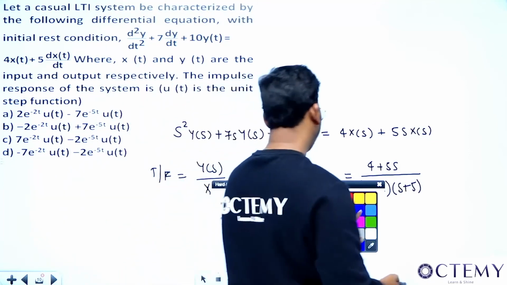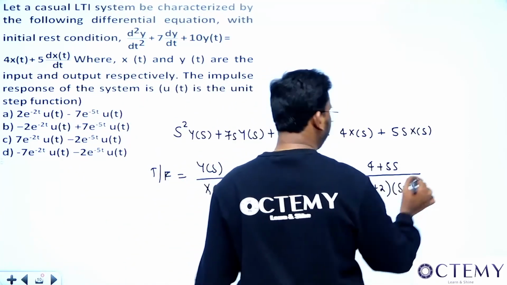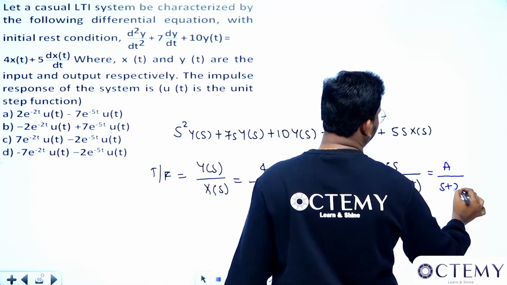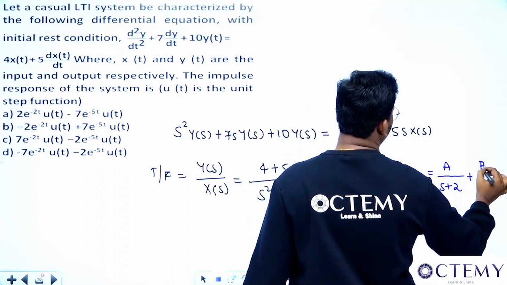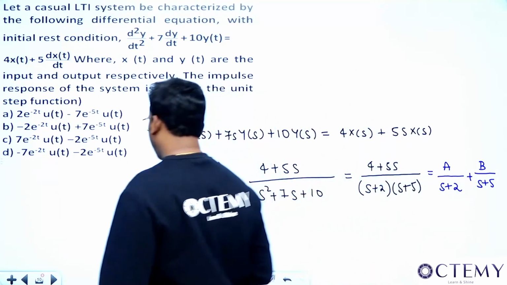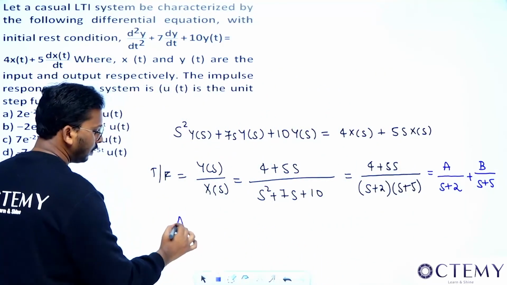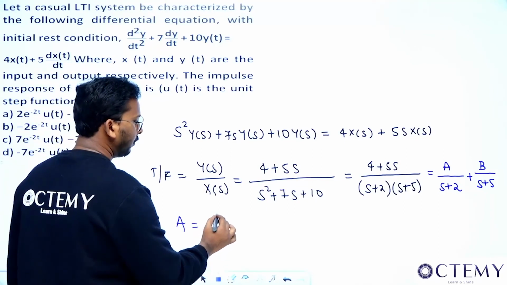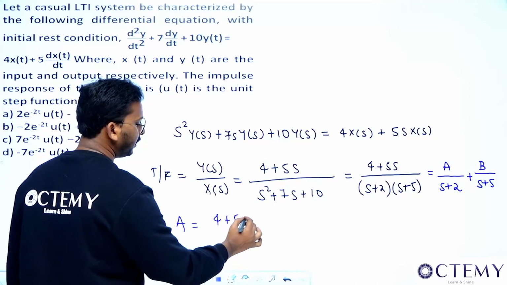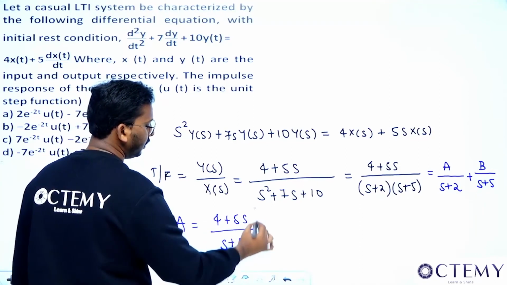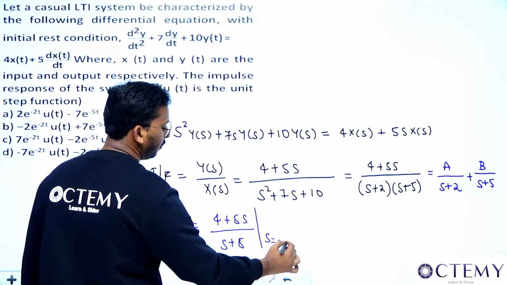So if you do this, see sir, what will you get? You will get it as A/(s+2) + B/(s+5). So from here, what can I find? A is equal to (4+5s) divided by (s+5), in this you put s equal to minus 2.